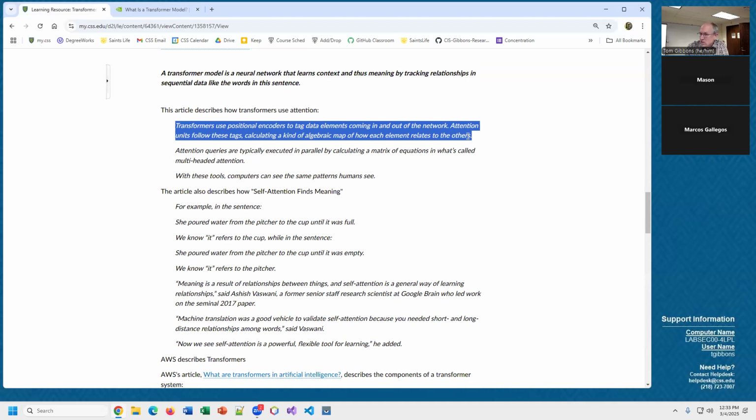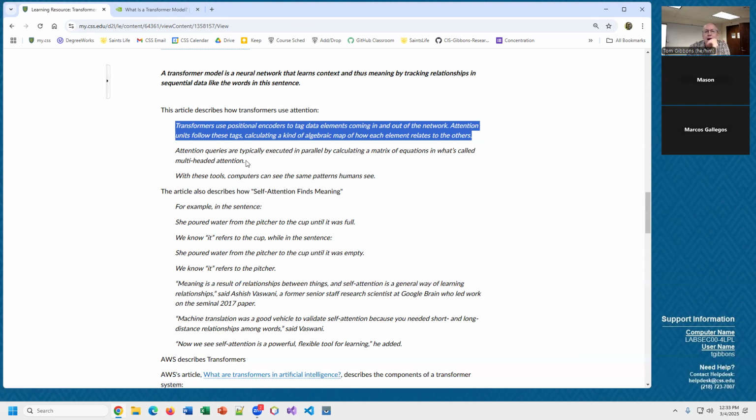So again, there's this positional encoding. Attention units follow these tags, calculating the algebraic map of how each element relates to the others. So self-attention calculates how the different words or tokens relate to each other in a sentence.